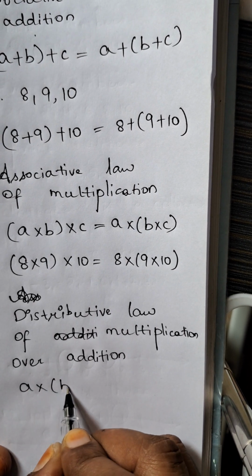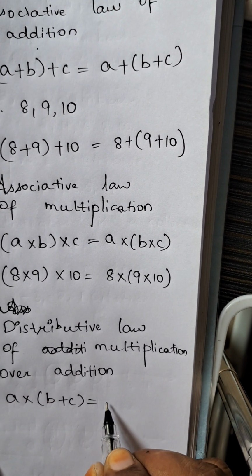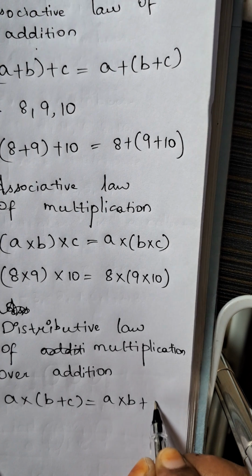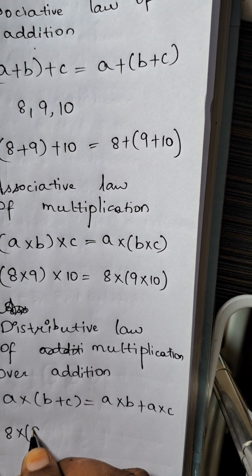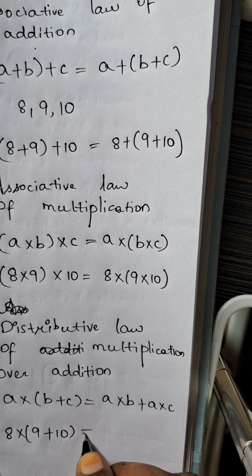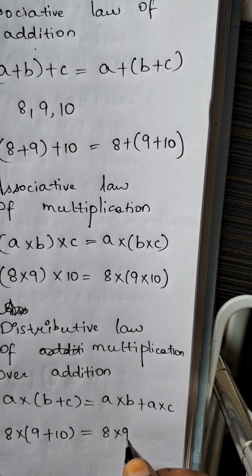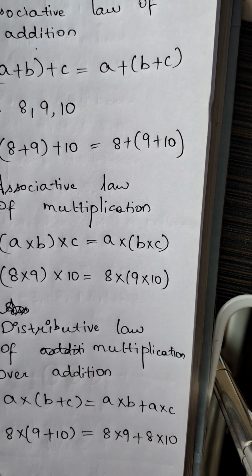A into (B plus C) is equal to A into B plus A into C. Take the same numbers. 8 into (9 plus 10) will be equal to 8 into 9 plus 8 into 10.